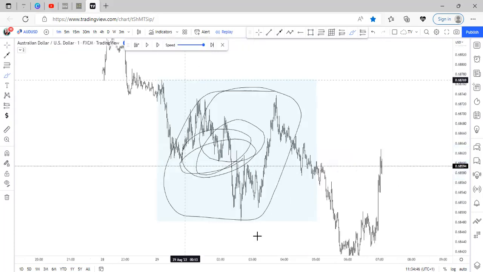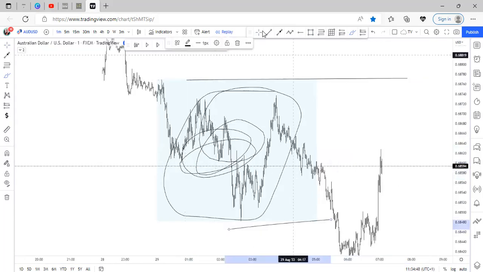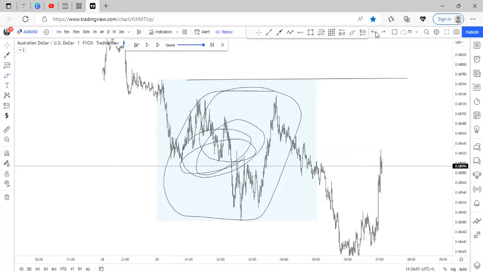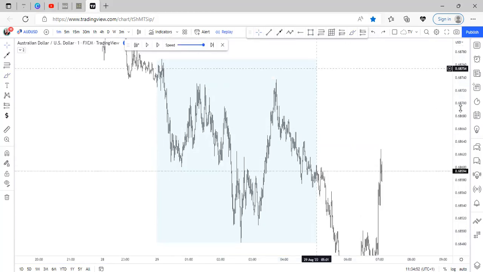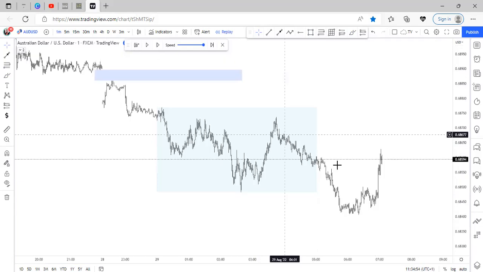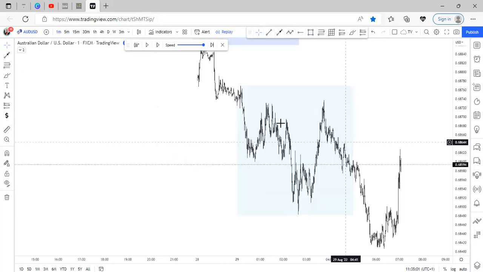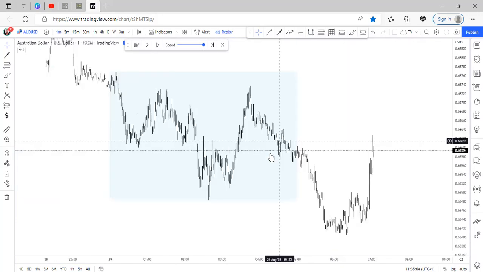So this is the high, this is the low. I always wait for the London session after the Asian has printed out for price to either clear out the low or clear the high, so I can know the next direction the market is heading for.